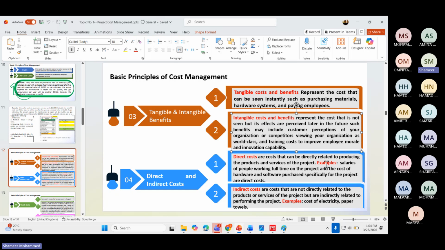Salary is a direct cost; paying the electricity bill, coffee, tea, tissue paper, furniture, these are all called your indirect costs. All these terms you need to understand because in the problem, you have to search for these words and solve the problem in the question.